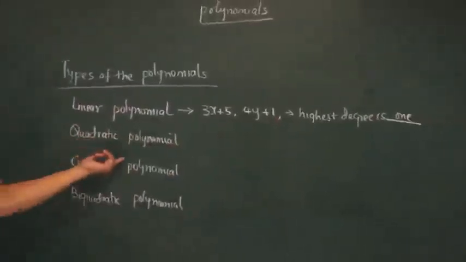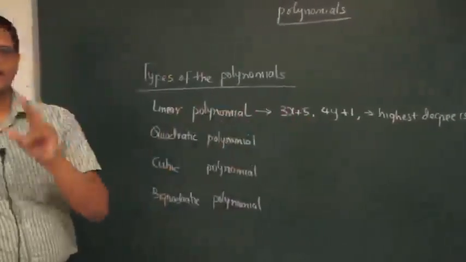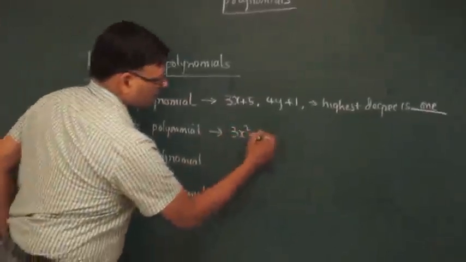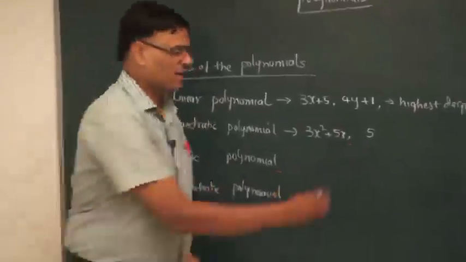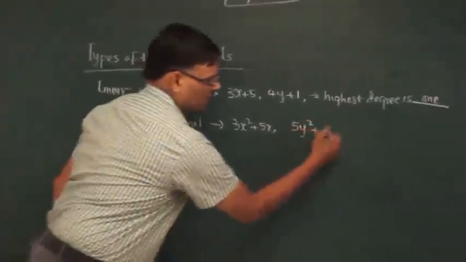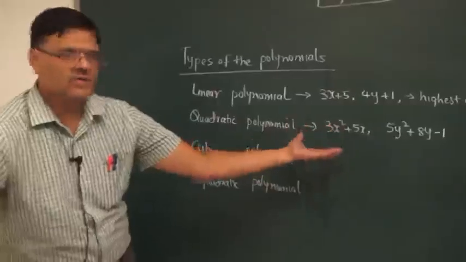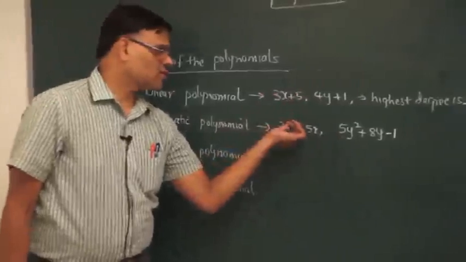A quadratic polynomial is a polynomial in which highest degree is 2. For example, 3x square plus 5x and 5y square plus 8y minus 1. What is the highest power in these 2 expressions? Highest power is 2.